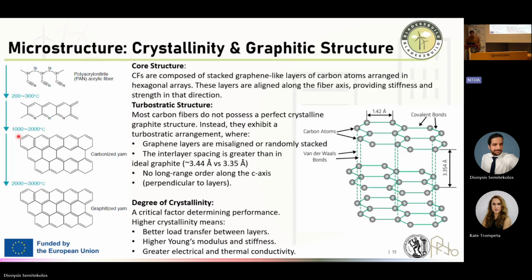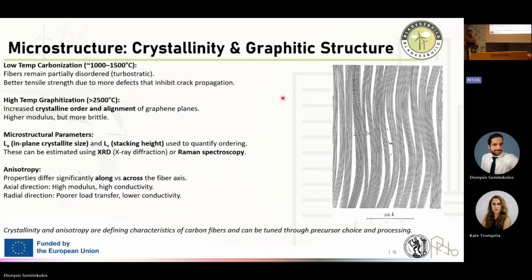But you see some defects like this one, and you also see they're not very aligned. They are not continuous. They have a wavy format.